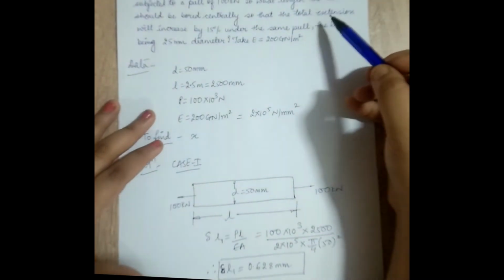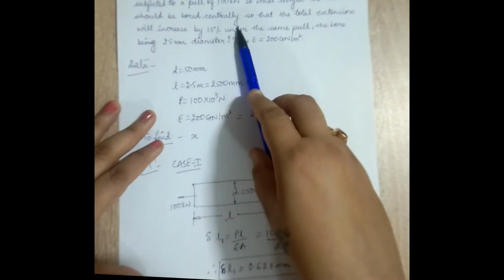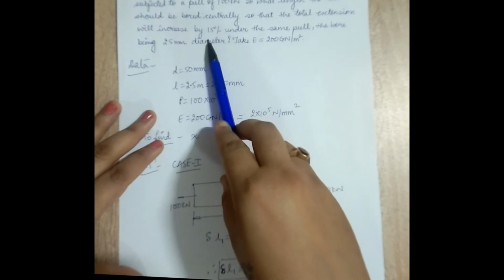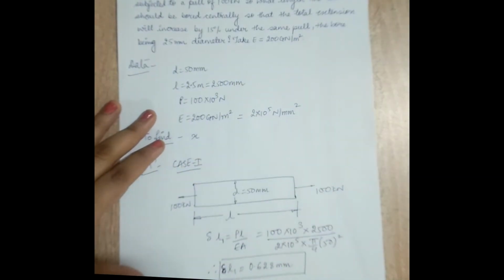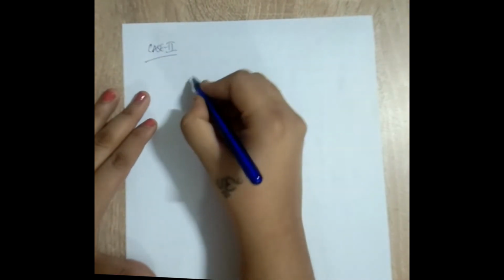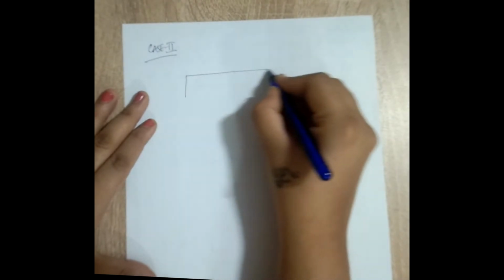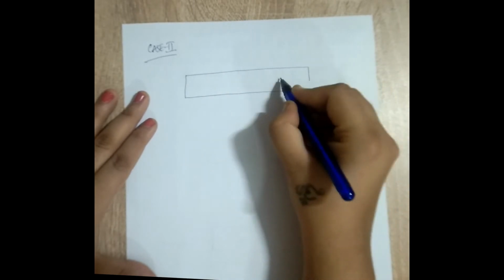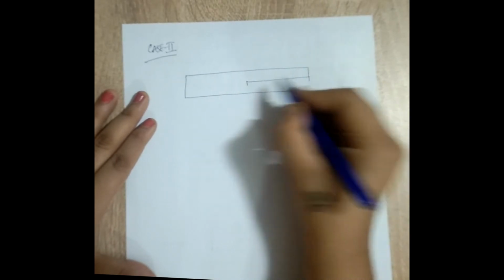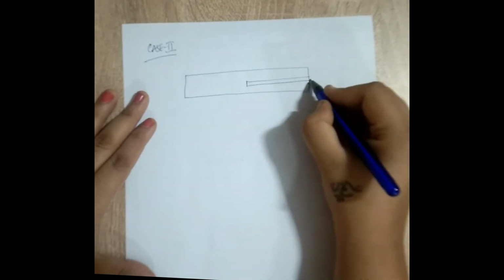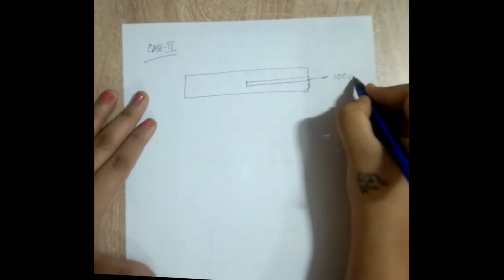If you read, there is a particular length up to which boring is done and there is a bore made, and the change in length now will be 15% more under the same pull. So for case 2, I'll have the same rod. There is a hole drilled inside. There is some load applied of 100 kN.